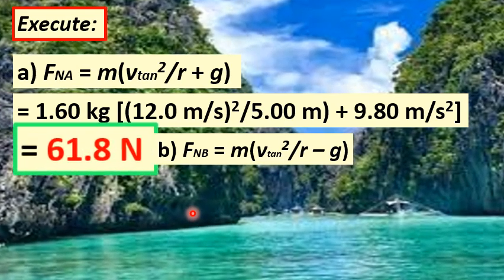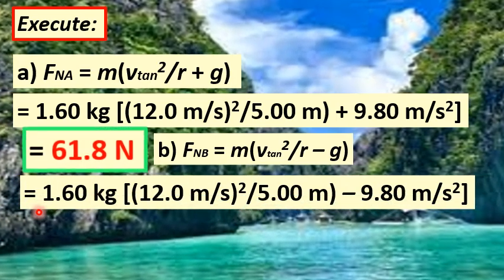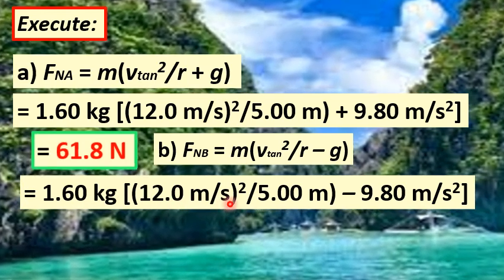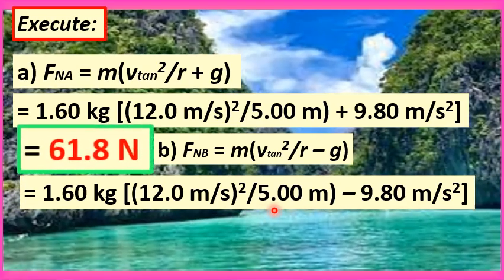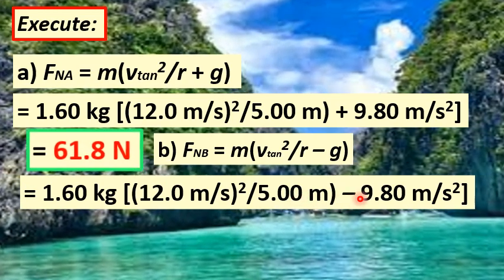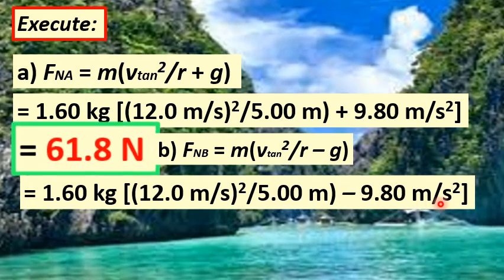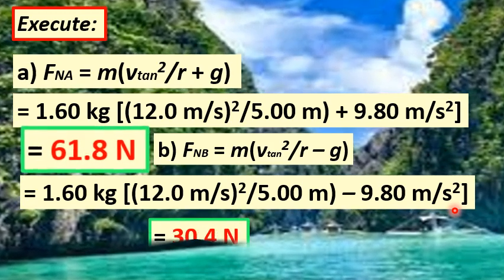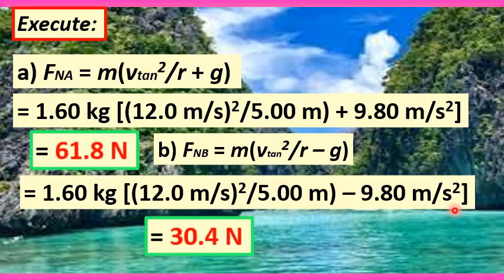So, we get the mass, which is 1.60 kilogram, multiplied by 12.0 meters per second, squared, divided by the radius, 5.00 meters, then minus, so this time it is minus 9.80 meters per second squared. So again, simplifying, we get the normal force at point B equal to 30.4 newtons, also in three significant figures.